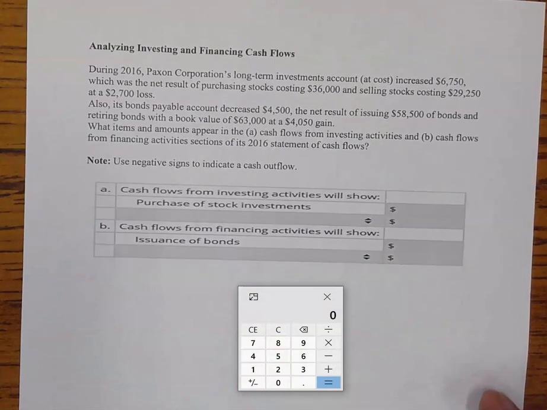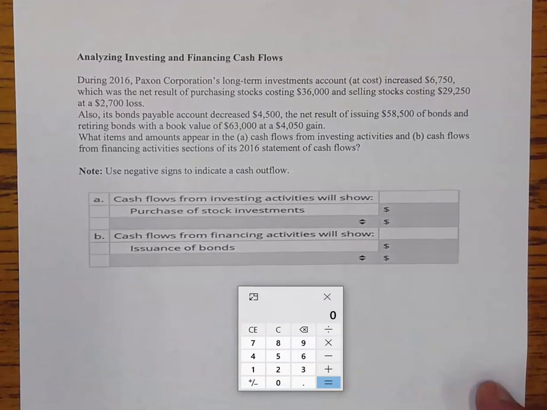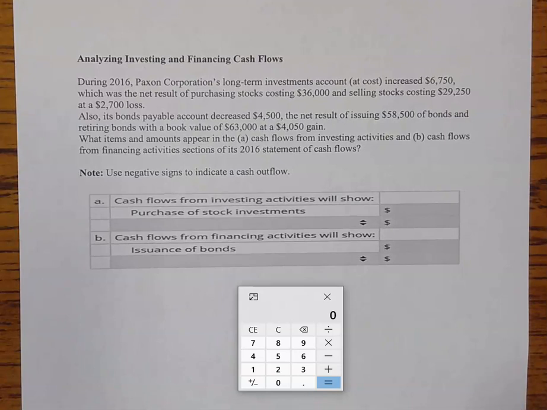So we want to understand what's going on here. It says that the account increased by $6,750. What we want to understand is that this is not a cash account. So the cash here is going to end up being reduced.